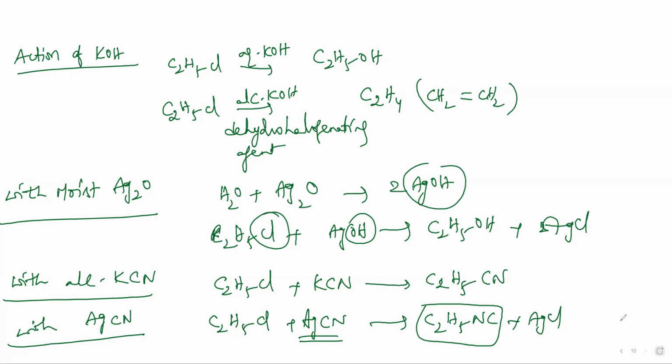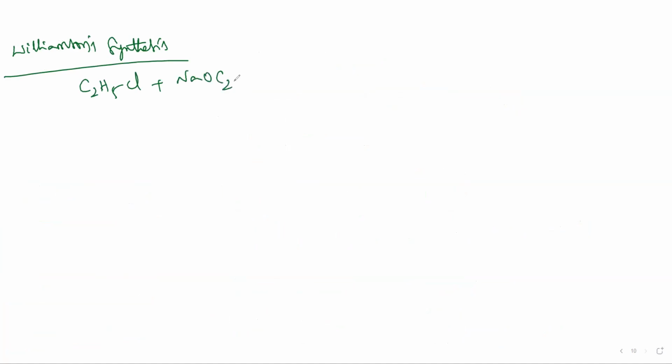Some other important reactions. Williamson's synthesis: when alkyl chloride is treated with sodium ethoxide, minus NaCl, you will get C2H5OC2H5.